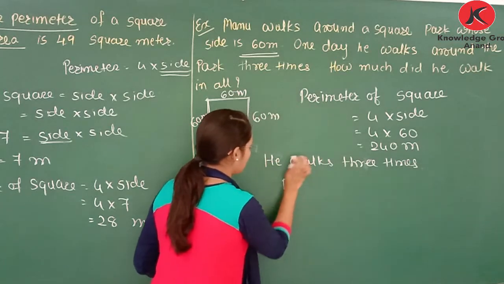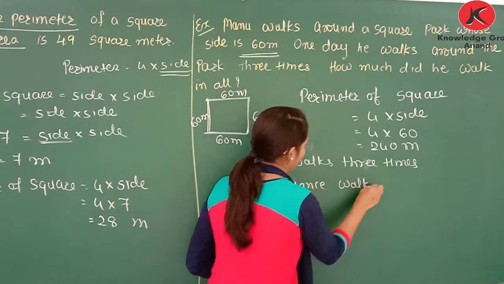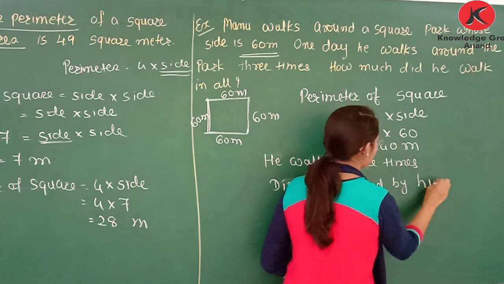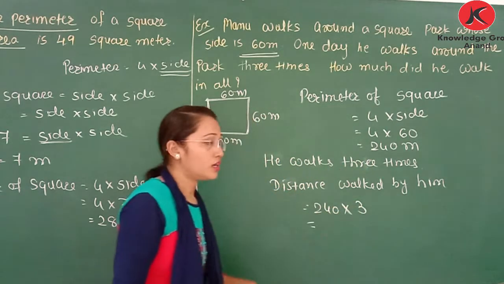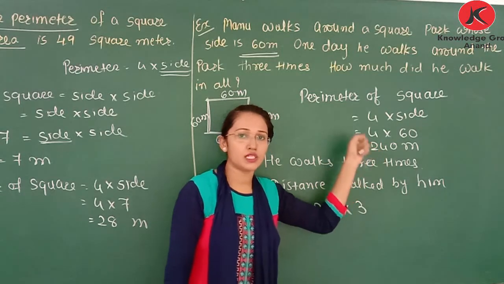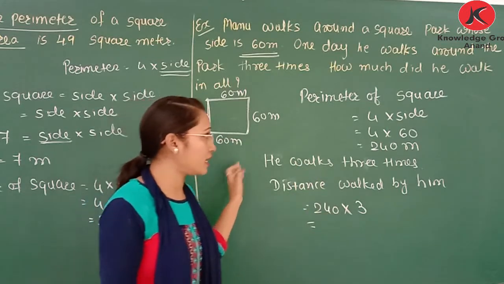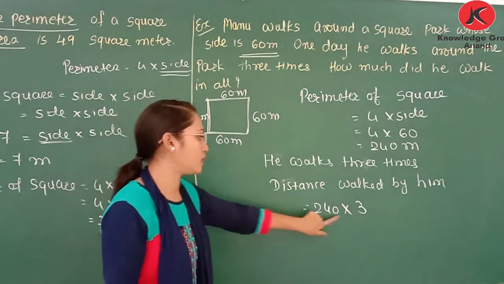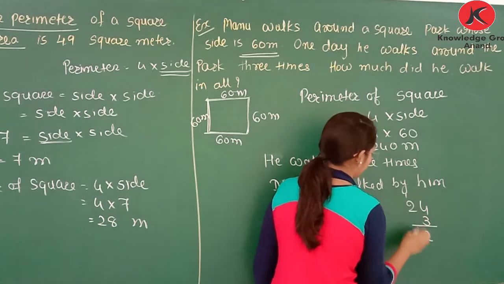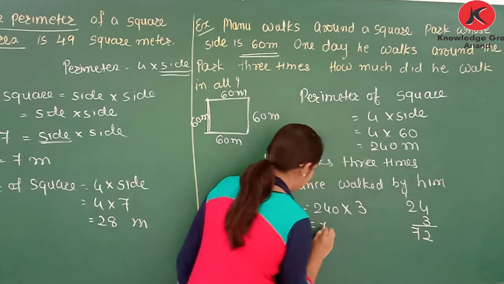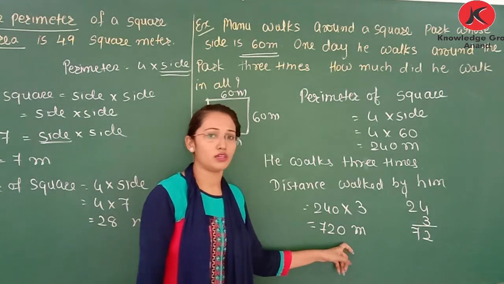So the distance walked by him is 240 multiply 3. 240 is the perimeter. It means he covers 240 meter when he walks one time. Here one day he walks 3 times, means you need to multiply 240 with 3. If you multiply 240 with 3, you get 720 meter, means he covers 720 meter on that day.